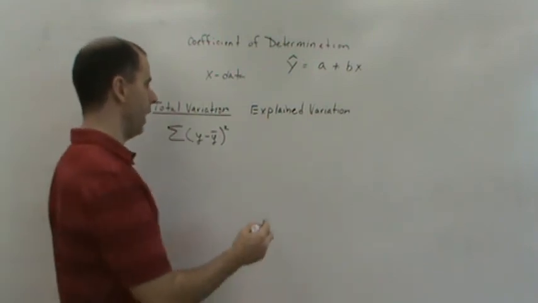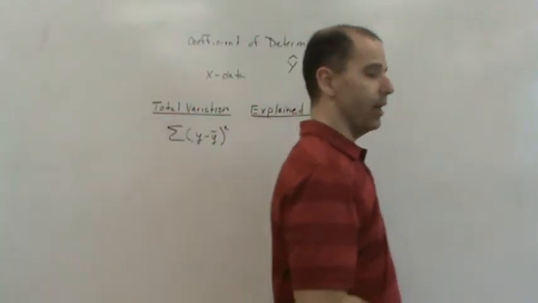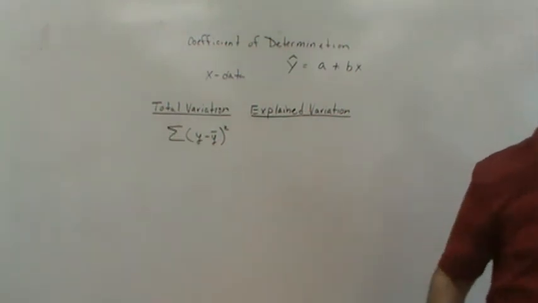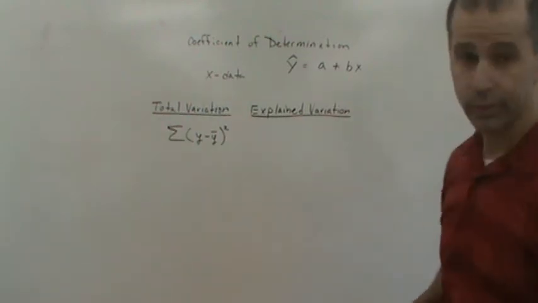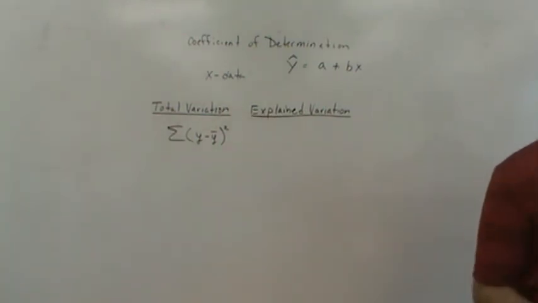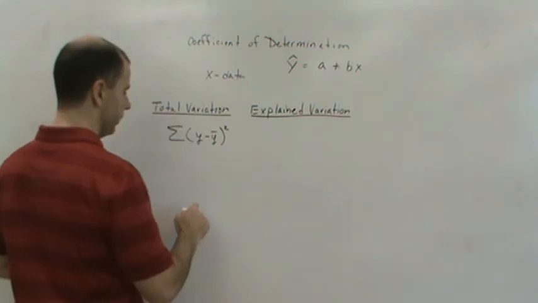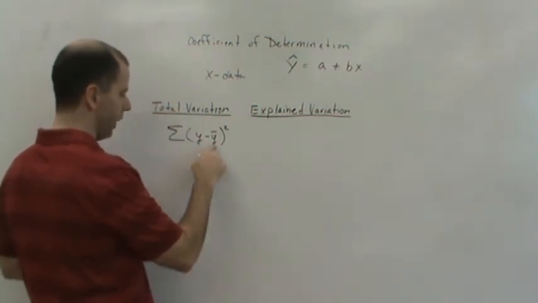Now, this formula for the explained variation is dependent on the model. When we get the model, it's going to be the difference between our predicted value, based on our regression equation, and the mean. For total variation, the difference is between the observed value, y, and the mean.